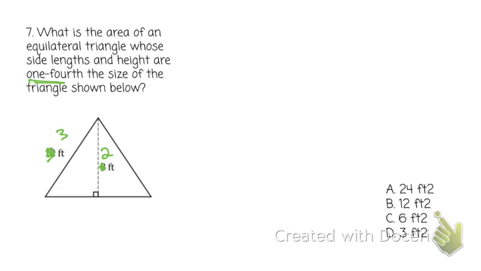Okay, now this is an equilateral triangle. To find the area of a triangle, I need 1/2 of base times height. Well, I don't know the base of my whole, do I know the base of the whole triangle here? Yeah, because it's the same as the side here because it's equilateral, okay?